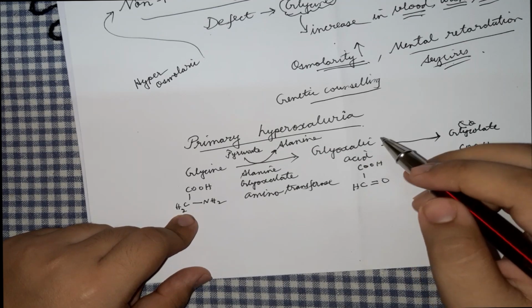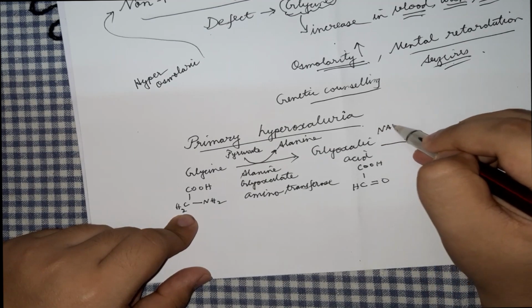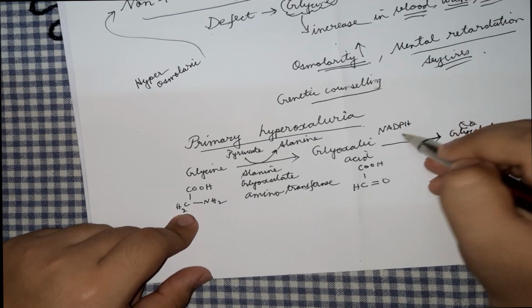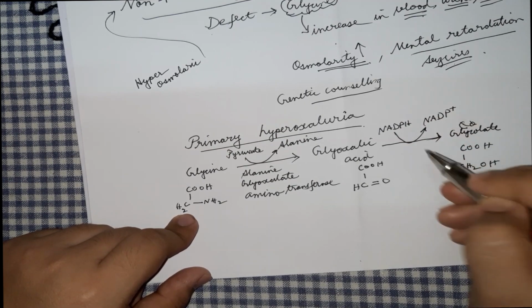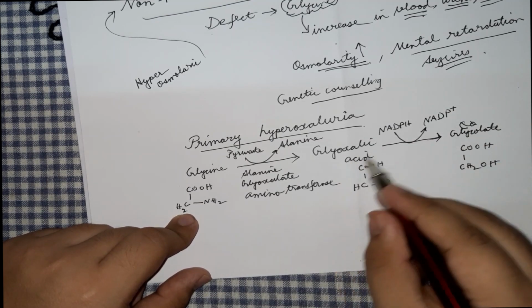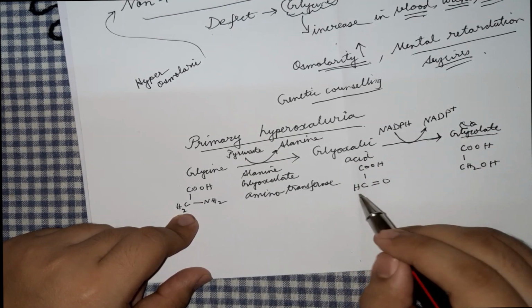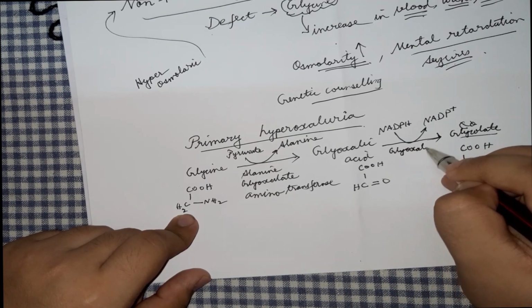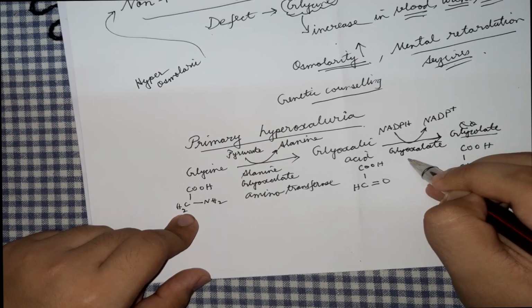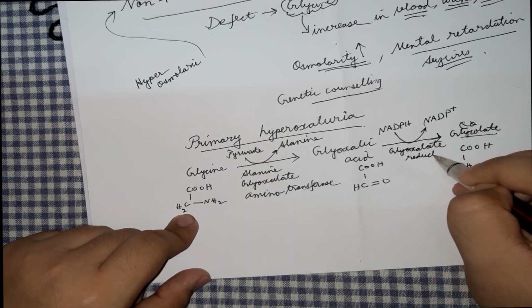And obviously NADPH to NADP plus is happening here. Why is this happening? Because you're reducing glyoxalic acid to glycolate, right? And obviously this is known as glyoxalate reductase, right?